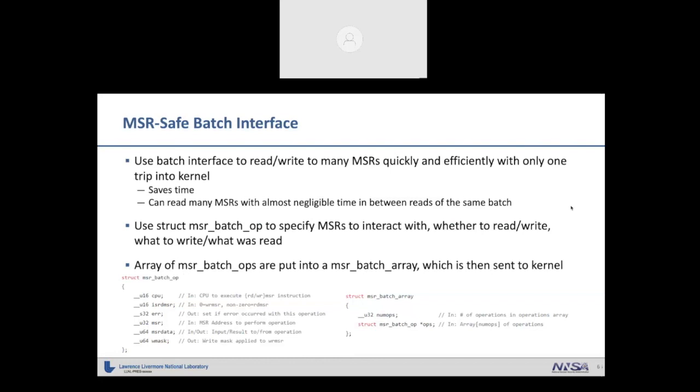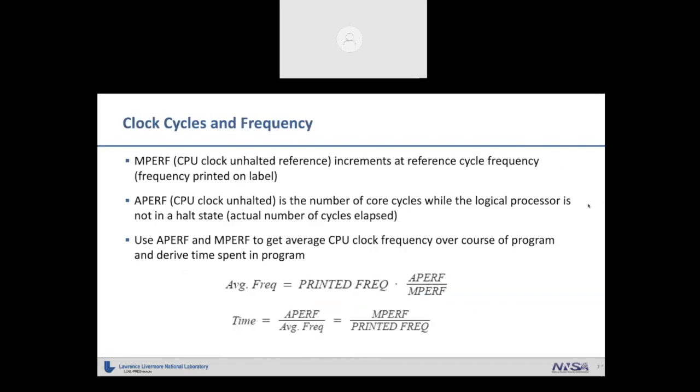On the other side, you'll see the MSR batch array, which was the number of operations we used for that struct, such as how many times we use the counter. We put that in an array, and we specified how many cores we had and how we were using it.